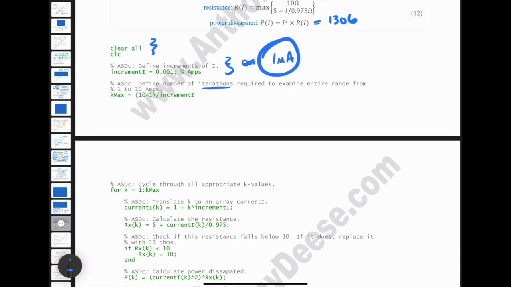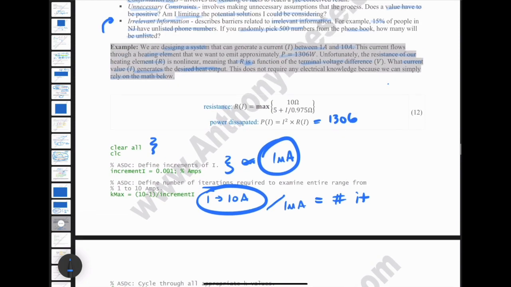It seems here that we're going from 1 to 10 amps. If we divide by the increment, which is 1 milliamp, we end up with the number of iterations we would need in order to solve this. Did I say the limit was 10 up above? I guess not, but we're assuming that it's not going to go higher than 10.